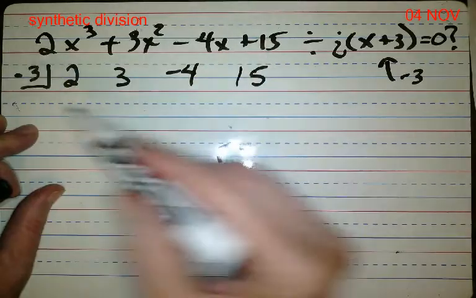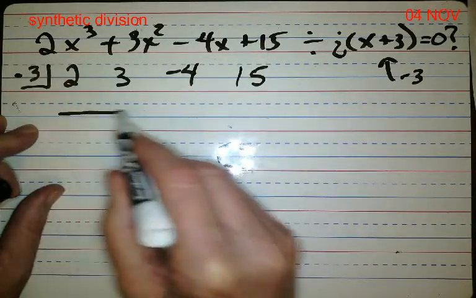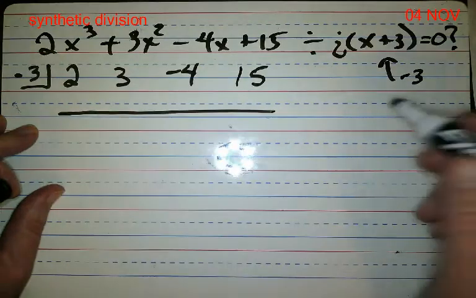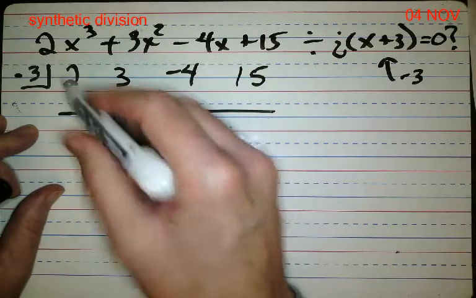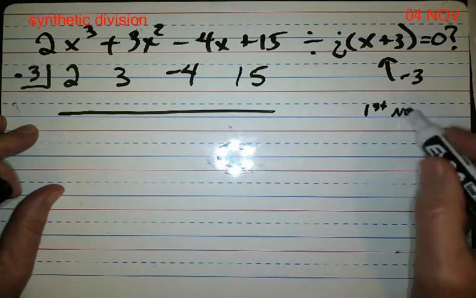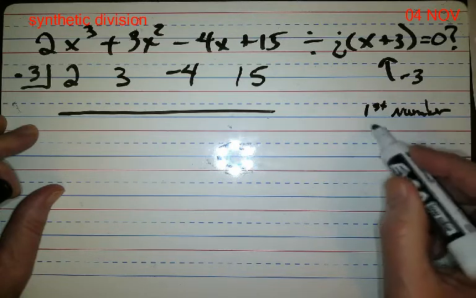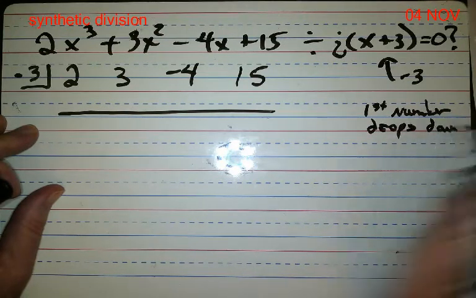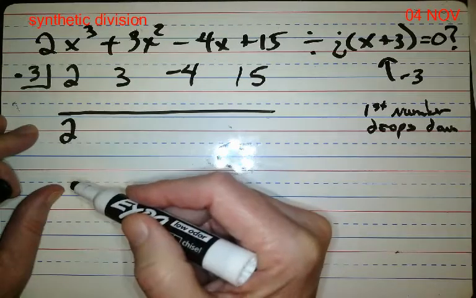See, that's all those coefficients. Then I draw a line. The first rule is that the first number drops down. So that 2 comes down.